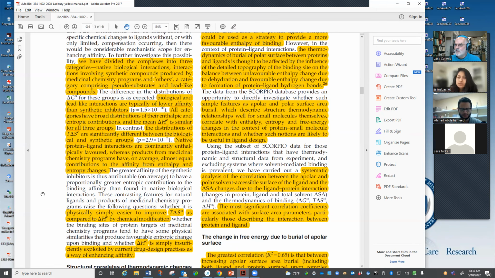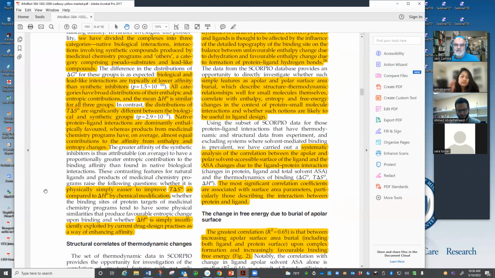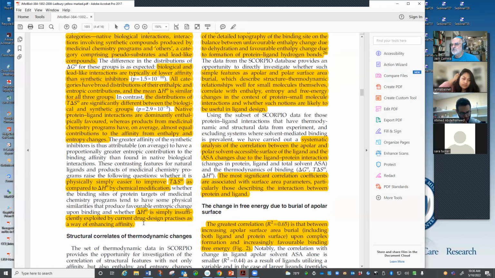And they discuss why that might be. It has a lot to do with the apolar character of the drug and the binding site, okay? They give the possibility that we just don't know enough about making improvements in enthalpy, and so maybe drug design needs to get better in 10 or 20 or 50 years. We'll have a better idea how to do this.